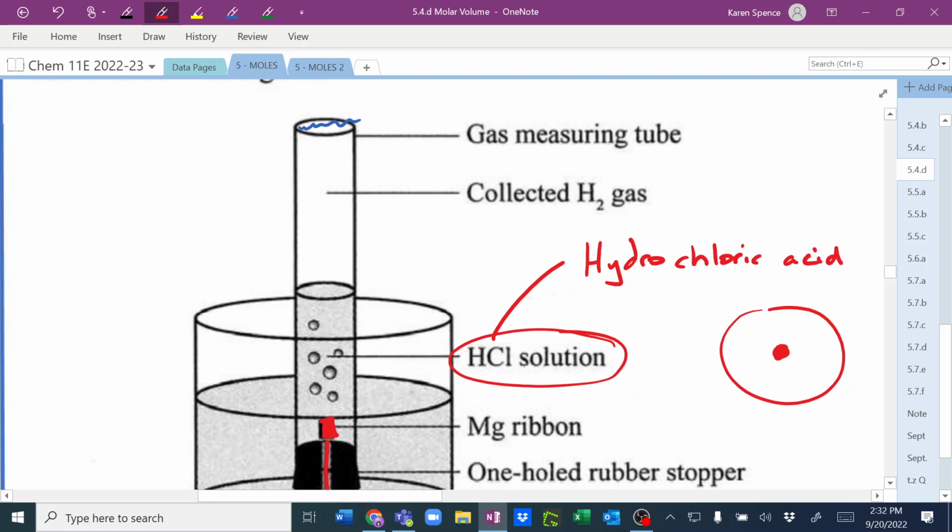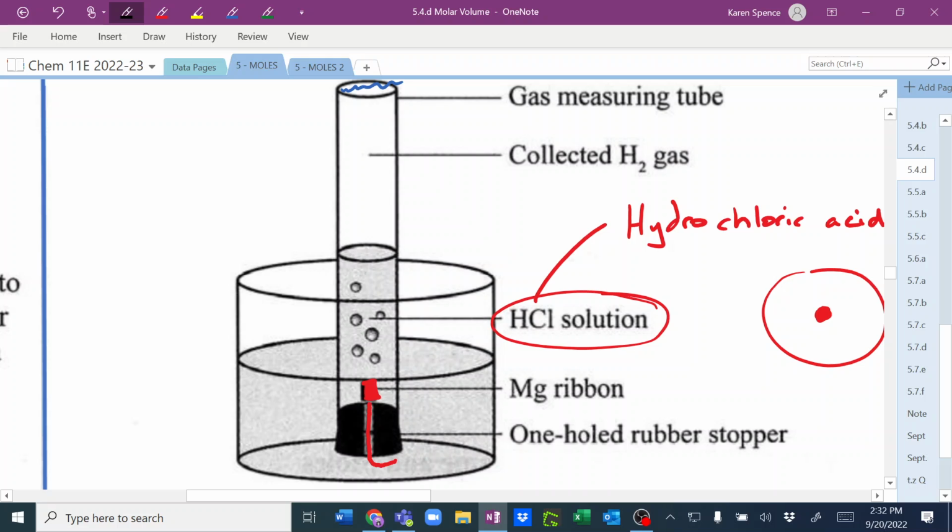And this is remembering from grade 10, if I was to give you, we now have magnesium, and we have hydrochloric acid. What's the state for magnesium? Solid. And what's the state for HCl?